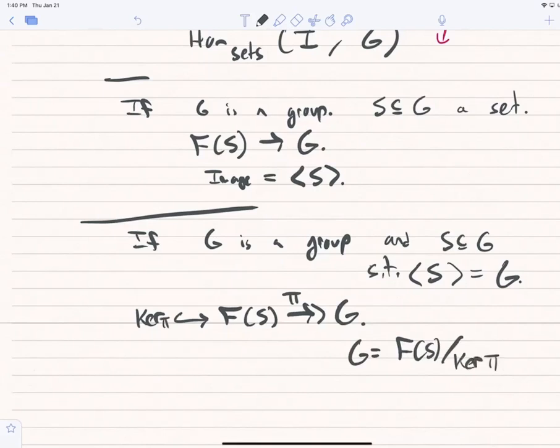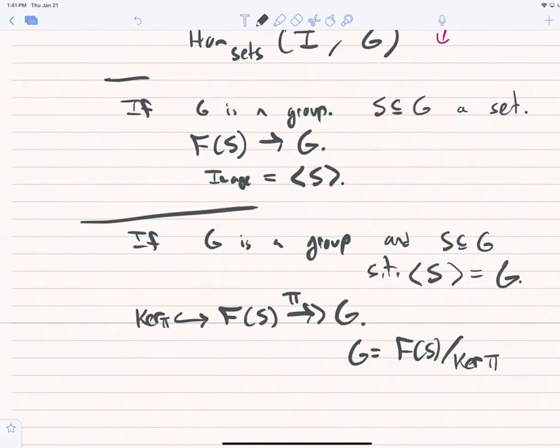So I guess this is something I didn't define, but I'm assuming you know and remember. There's another important type of subgroup called a normal subgroup. And normal subgroups are exactly the kernels of maps. There's a different internal way to think of them: they're subgroups where if you conjugate by any other element, you stay in the subgroup. But the right way to think of them is that normal subgroups are kernels of maps of groups.